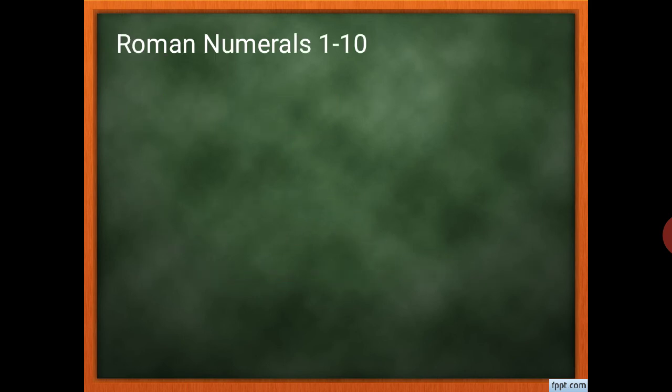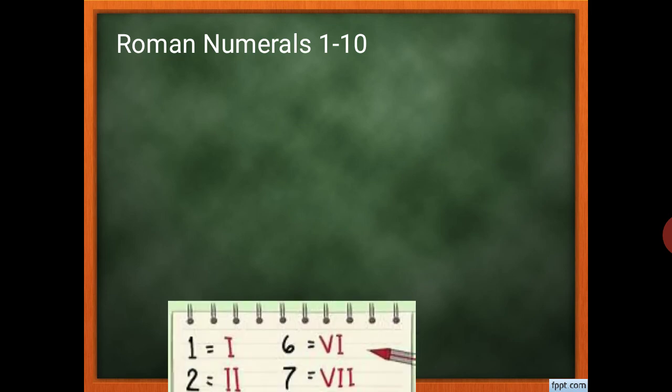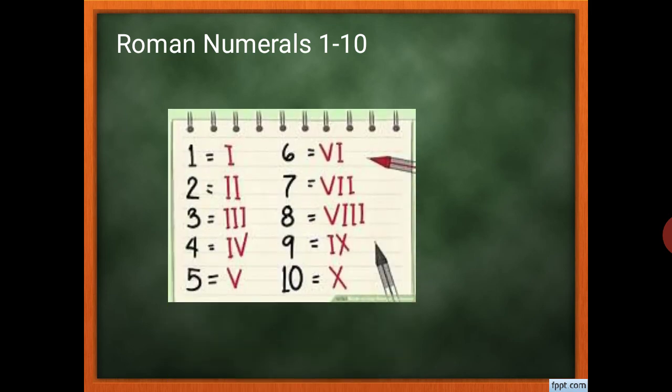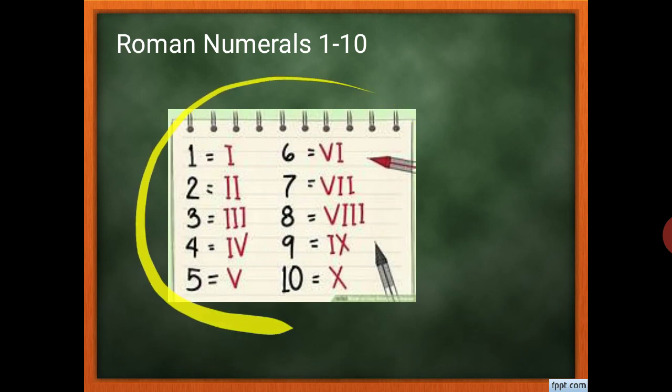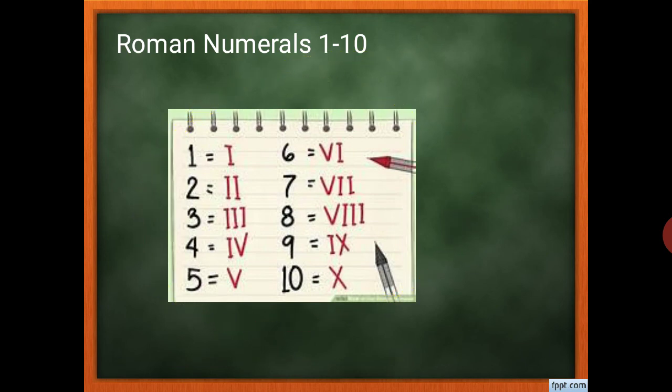Now next is Roman numerals. Here I have written 1 to 10. If you get this, it will be easier for you to take the Roman numerals further. So learning this is most important.